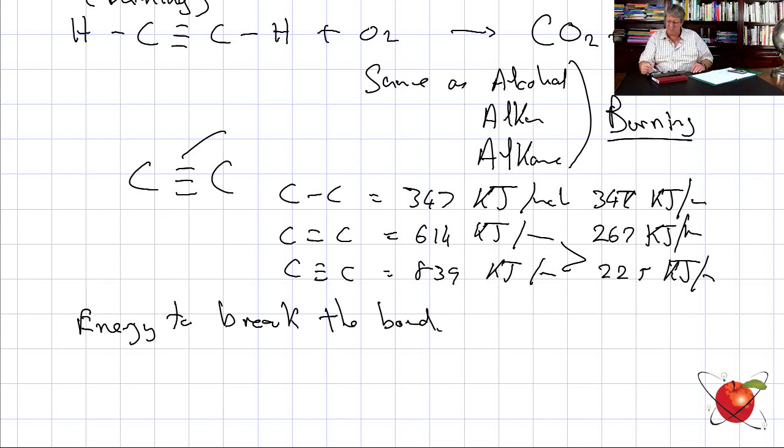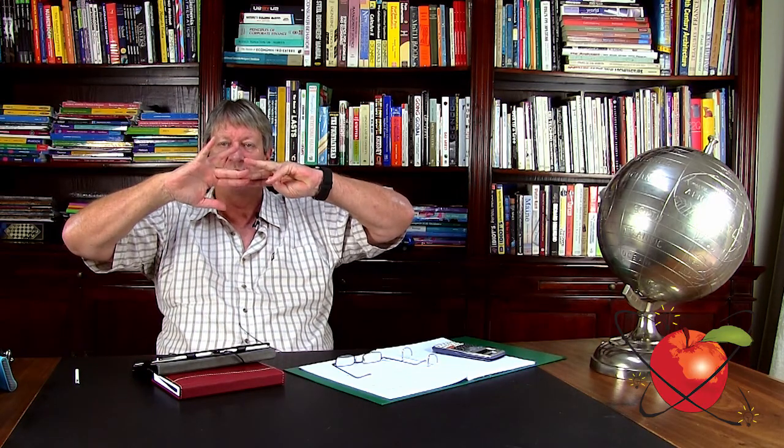So what have I got here? Can you see the energy to break the first of the triple? There you've got your 3. So to break the first one of the 3 bonds is only 225. To break the second one is 267. To break the third is 347 kilojoules per mole. So the more bonds, the less energy is needed to break it at the top level.